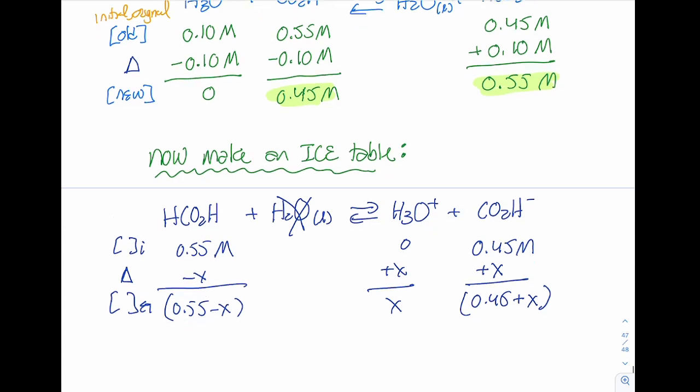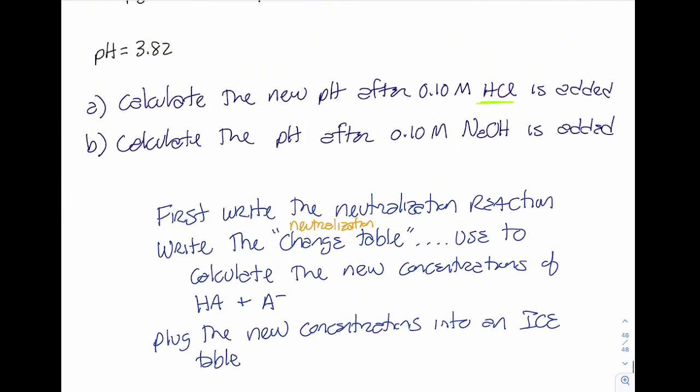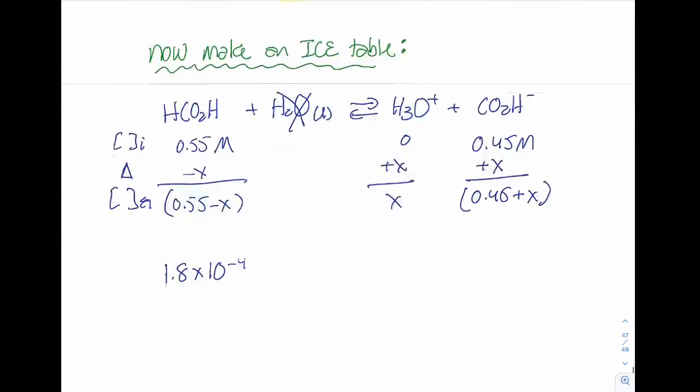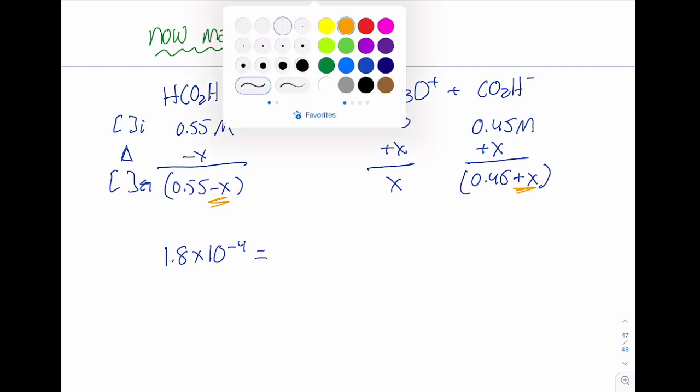So we're setting it equal to Ka, which was 1.8 times 10 to the negative 4th. You can scroll back up to confirm that right here. And then because that's less than 10 to the negative 3rd, we are going to do that assumption again where we assume the minus x and plus x are negligible compared to those new initial concentrations.